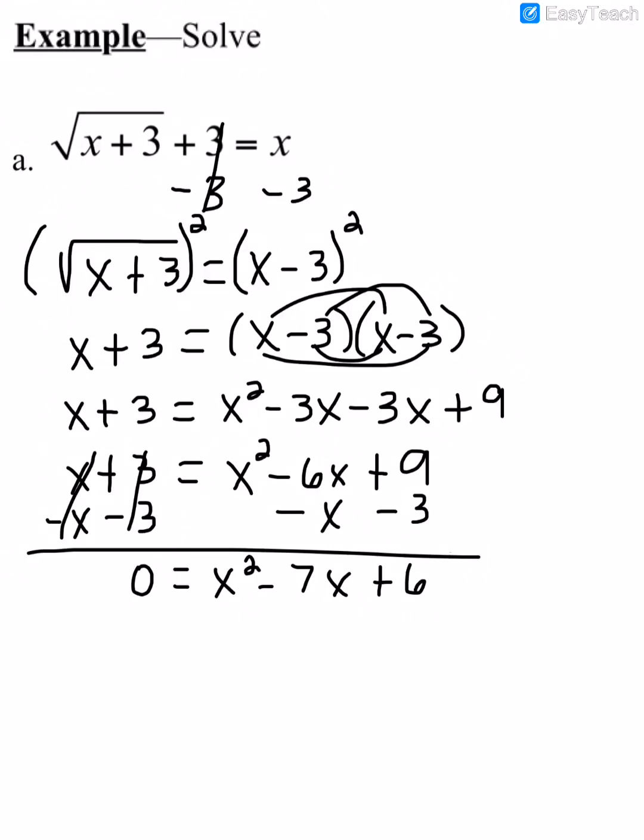Okay, so now this is a trinomial. There's no greatest common factor, so trinomials factor into two binomials. Okay, the only factors of x squared are x and x. Now, 6 has two different sets of factors. 2 times 3 is 6, and 1 times 6 is 6.